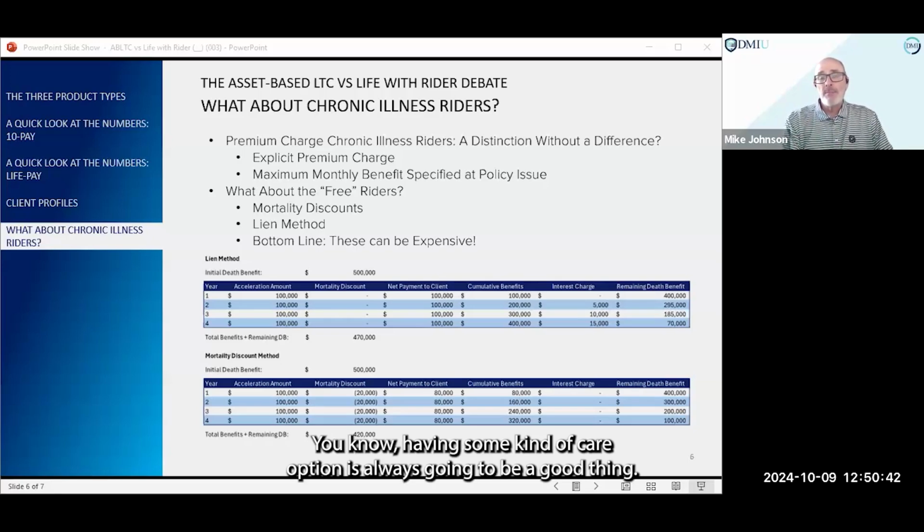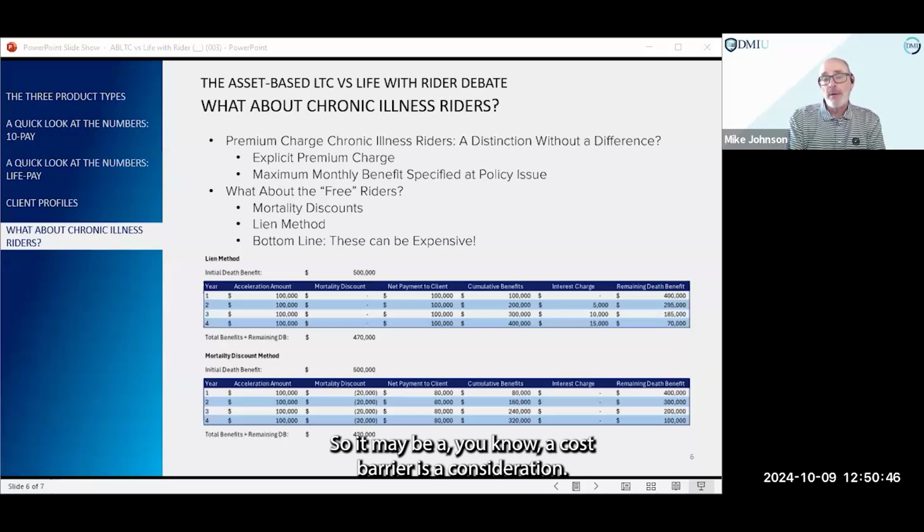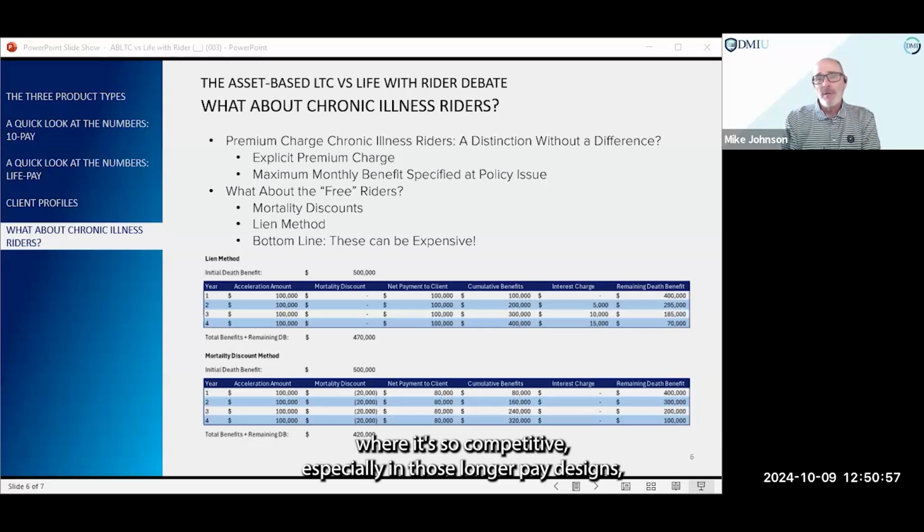Having some kind of care option is always going to be a good thing. If a cost barrier is a consideration, then a traditional long-term care policy could make a lot of sense. But we've seen so many pricing improvements with ABLTC where it's so competitive, especially in those longer pay designs, and it makes that ABLTC option even more compelling.